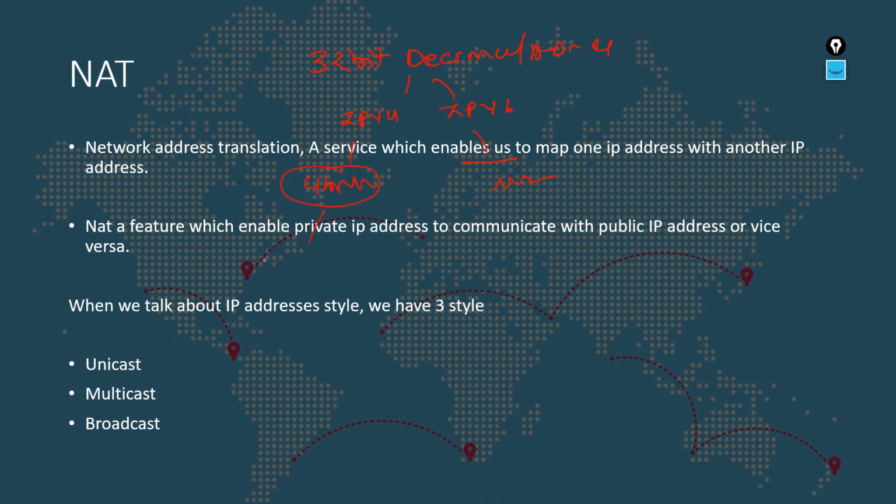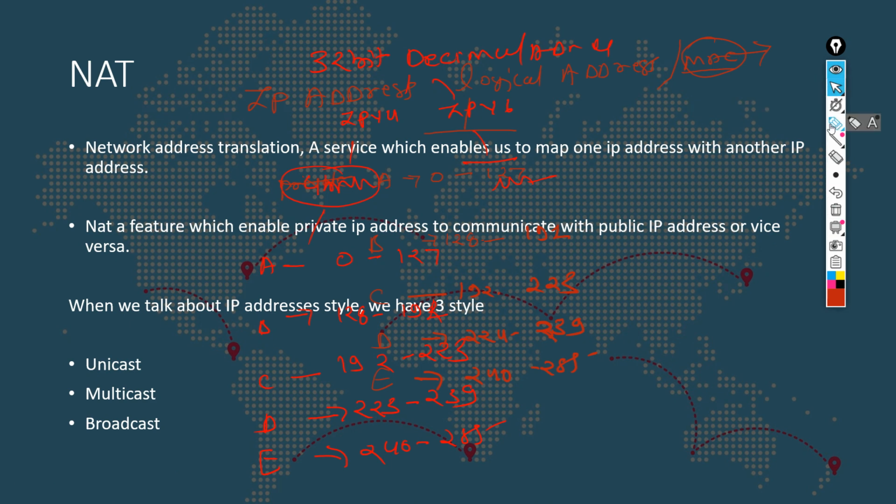IPv4 is divided into Class A, Class B, Class C, Class D, and Class E. Class A is 0 to 127, Class B is 128 to 191, Class C is 192 to 223, Class D is 224 to 239, and Class E is 240 to 255. Is it clear?